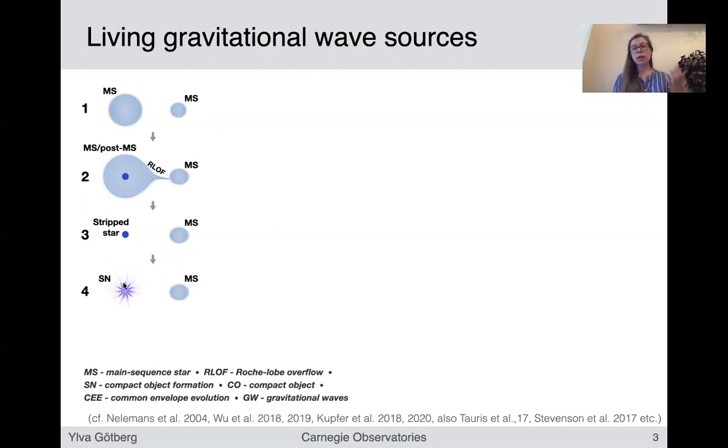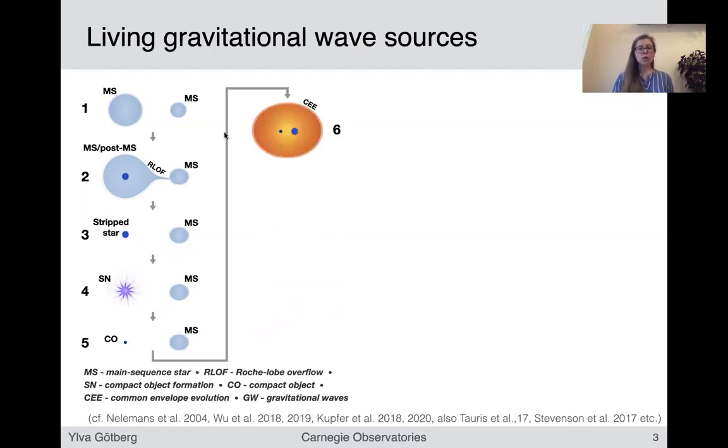Here, it's visualized as a supernova, but it can also become a white dwarf. If this system remains bound, the mass ratio between the components is often quite large, which will lead to the initiation of a common envelope phase if the system is sufficiently tight. If this binary does not merge during the common envelope phase, what is left is the stripped core of the now second star here, orbiting in a very tight binary with a compact object.